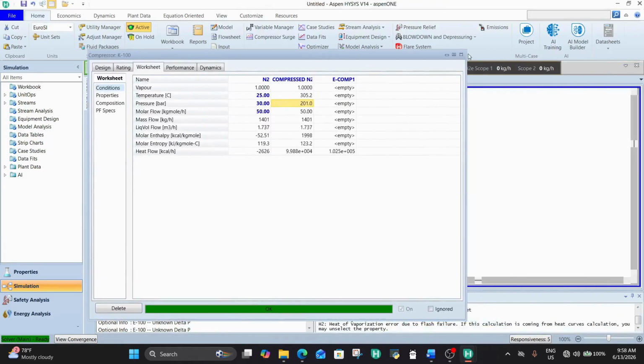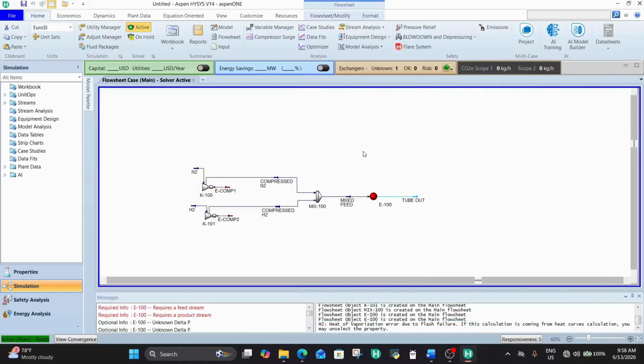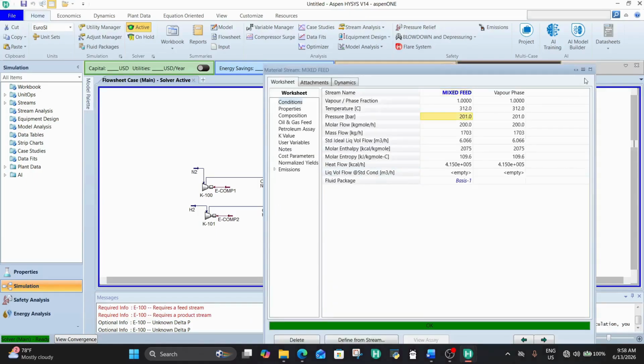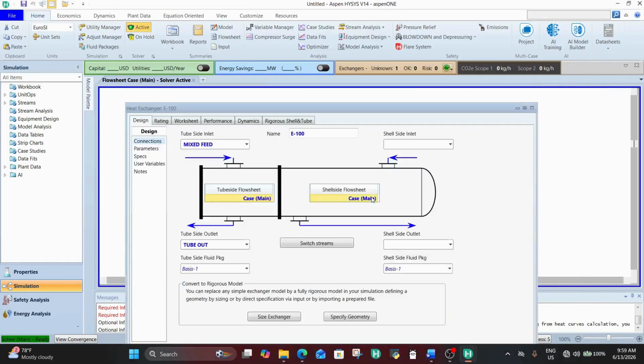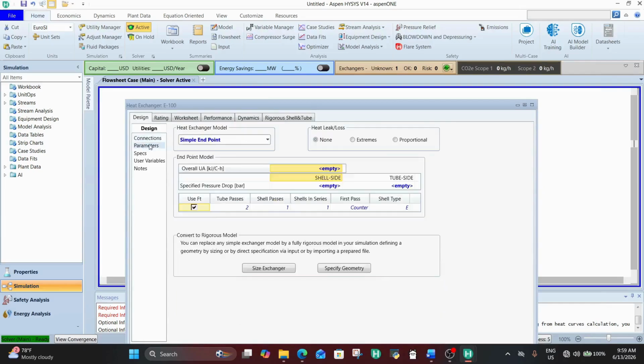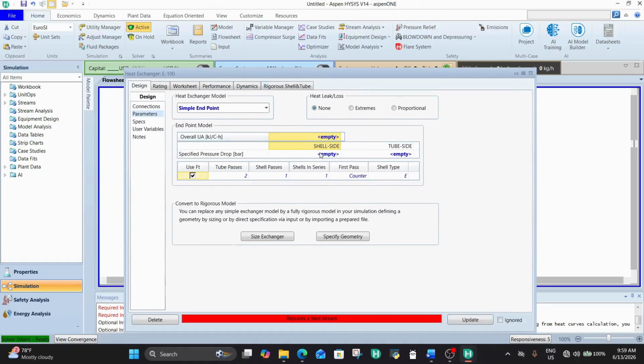Aspen HYSYS does things sometimes. So 201 bar. That's very much good. And we experience a pressure drop. Let's specify the pressure drop to be 1 bar for our shell side and 1 bar for our tube side.